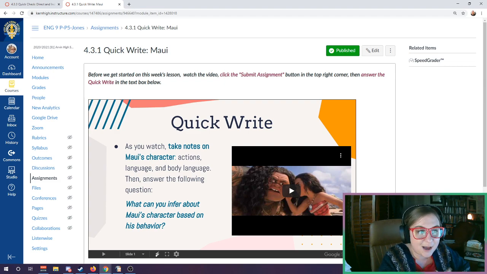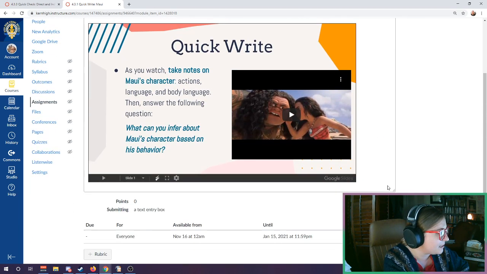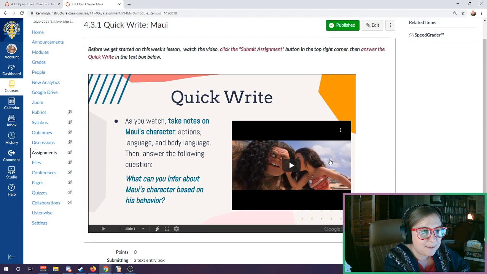You'll also be looking at his body language and his actions, and then you'll be able to answer the following question: what can you infer about Maui's character based on his behavior? When you're done with the Moana clip, a text box will open at the bottom of the page. You'll type in your quick write and just let me know what you know about his character.